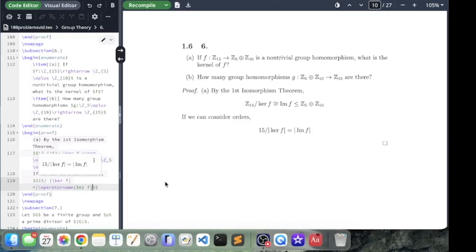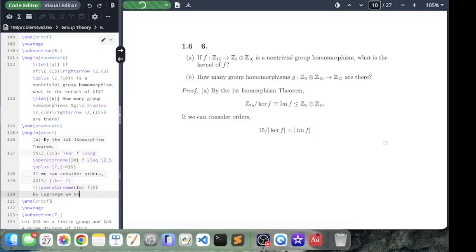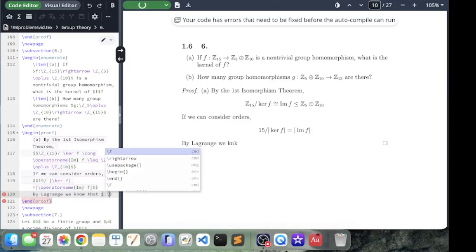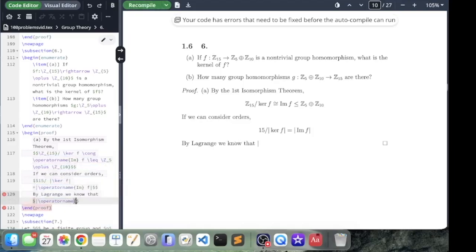And let's see, we also know that the image is a subgroup of this guy, which has order 50. So by Lagrange, we know that the order of the image of f divides 50.